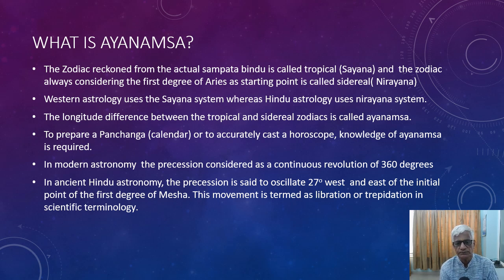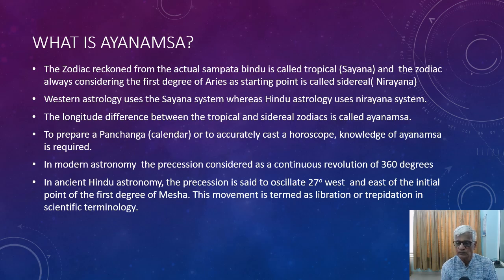The longitude difference between the tropical and sidereal zodiacs, or the distance through which the precession of the equinox has taken place, is called the Ayanamsa. To prepare a calendar, a panchanga, or a horoscope, we need to know the Ayanamsa properly, because after we calculate the position of the planets in the sky, we have to bring it back with reference to the first point of Aries as fixed.